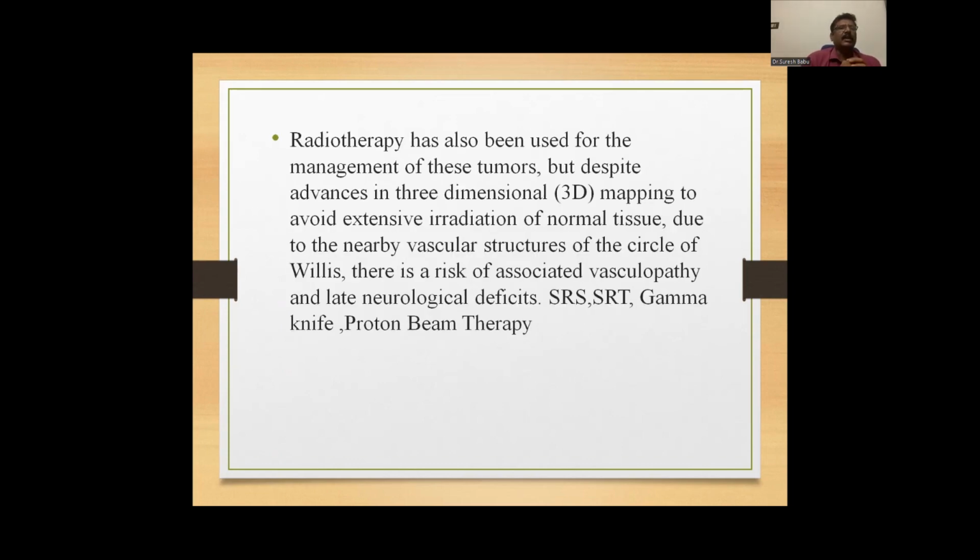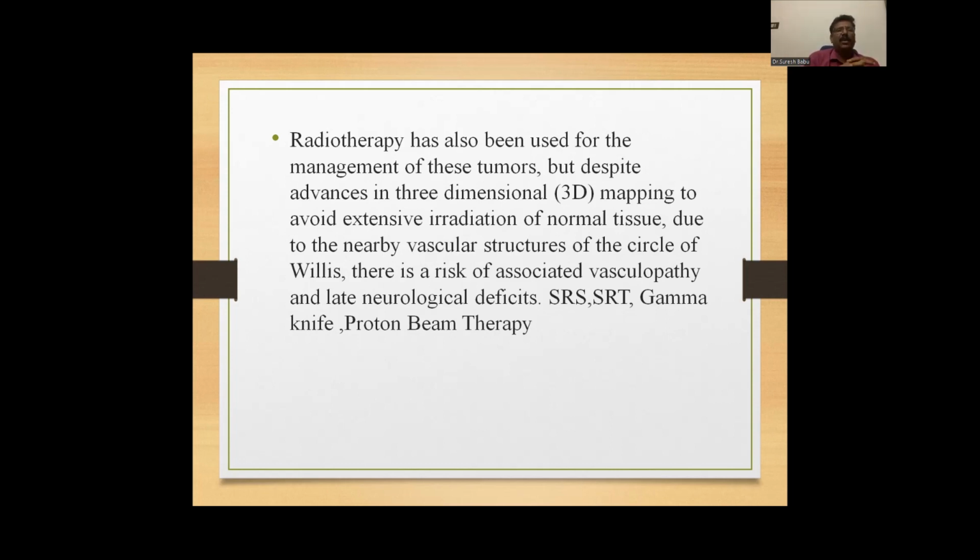So then comes the role of radiotherapy. Radiotherapy has also been used for the management of these tumors. Now we are giving importance to stereotactic radiosurgery, stereotactic radiotherapy, gamma knife, and proton beam therapy. For the benefit of PGs, SRS means radiation given from multiple axes to a single point, in a single session, called stereotactic radiosurgery.